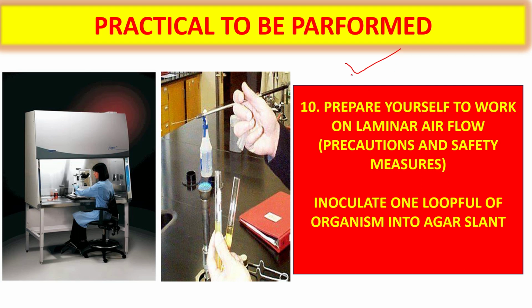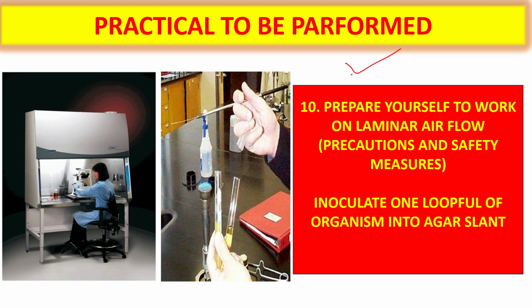Before entering a laminar airflow for work, what precautions you have to take: you have to wear an apron, and next you have to wear gloves, surgical masks, goggles, everything, and then we have to clean your workplace with alcohol or 70% ethanol. Okay, so after that we have to perform your experiment.